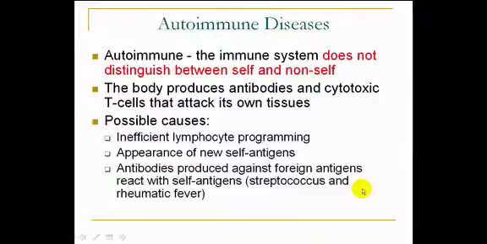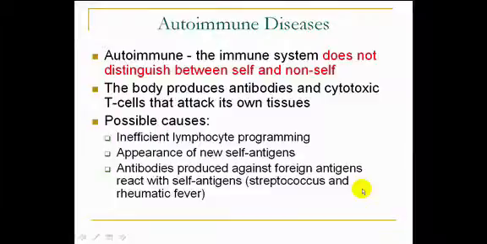Another thing is, we've also found that a lot of times autoimmune diseases seem to be linked to viral or bacterial infections. And so what they think happens is you initiate a response to a bacterial infection, for example, and you produce antibodies against that foreign antigen. And later on, even after that infection is gone, those memory cells and the antibodies might still be there.